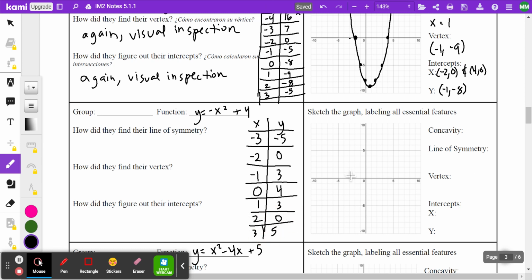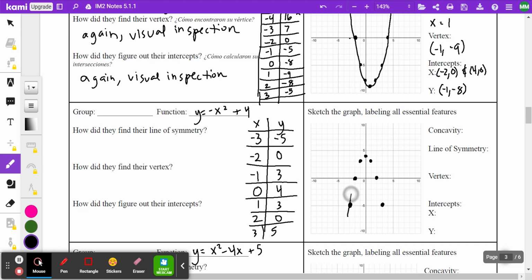When x is negative 3, y is negative 5. When x is negative 2, y is 0. When x is negative 1, y is positive 3. When x is 0, y is positive 4. I've got here, here, and here.